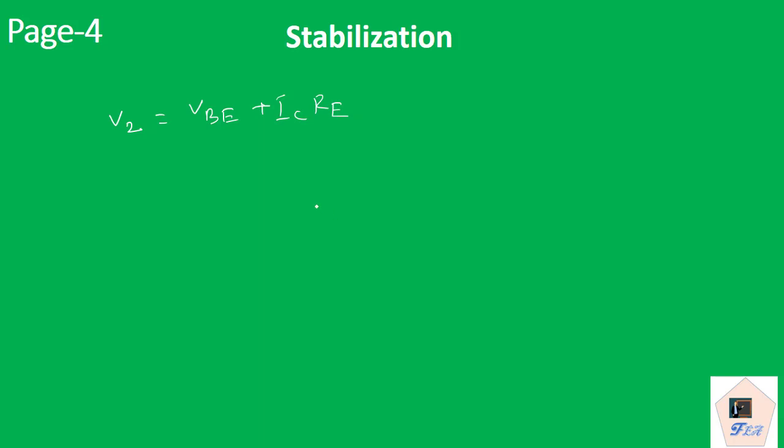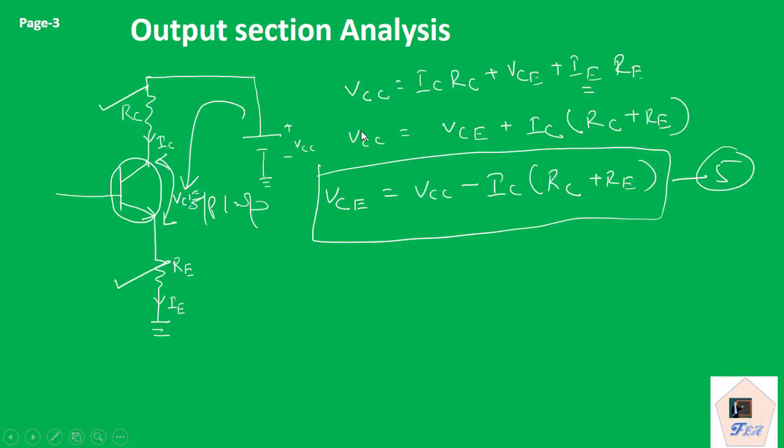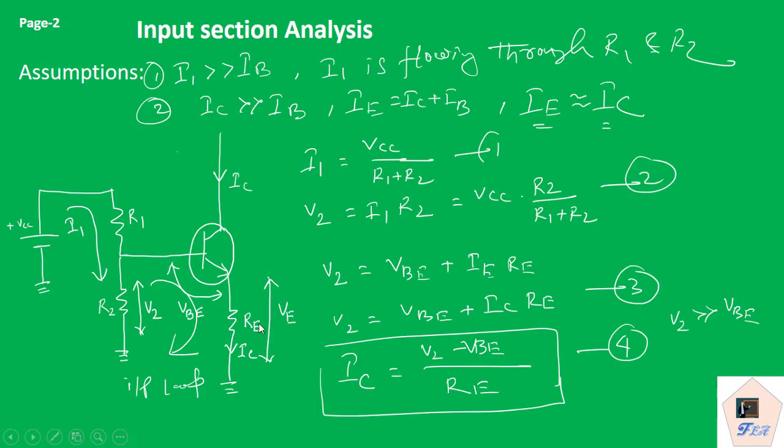Now, suppose IC is increasing due to the increasing temperature. Now, if IC is increasing due to the increase in temperature, that in turn will increase the drop across RE. So in this network here, drop across RE will increase.